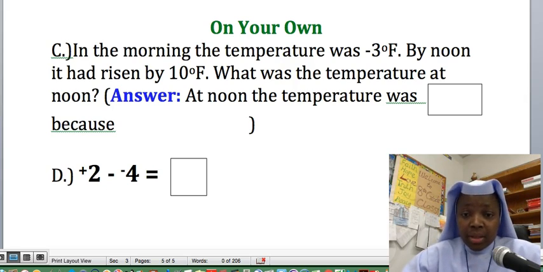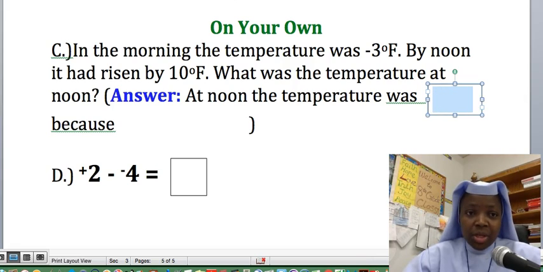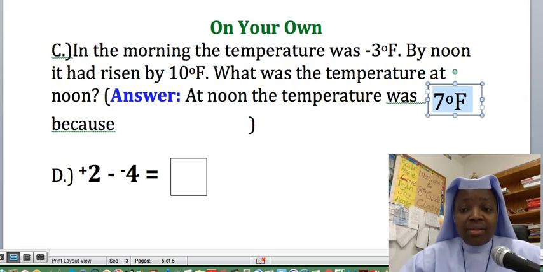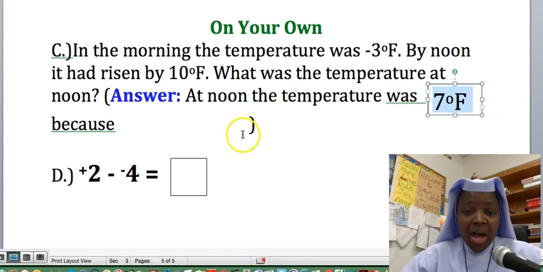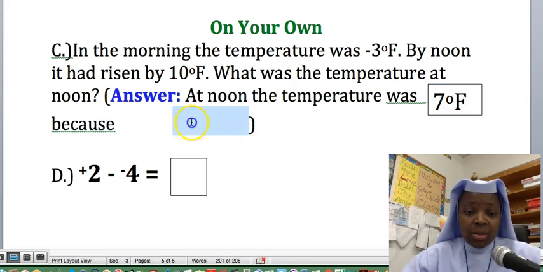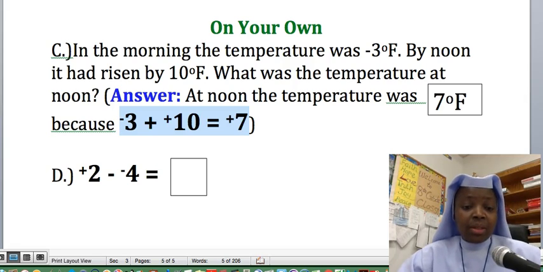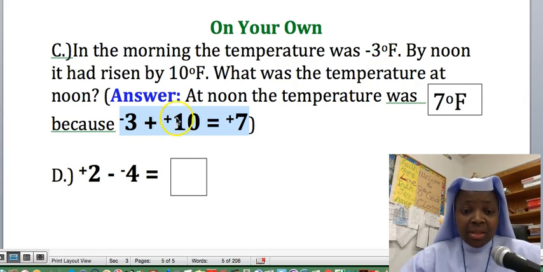Alright, let's see the answer. I hope you got, the answer should be 7 degrees Fahrenheit. And why? Because the expression here is -3 plus +10 because it is rising.